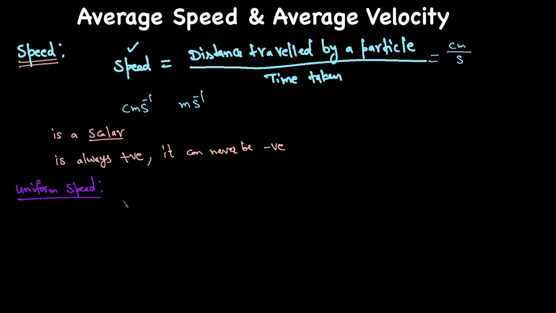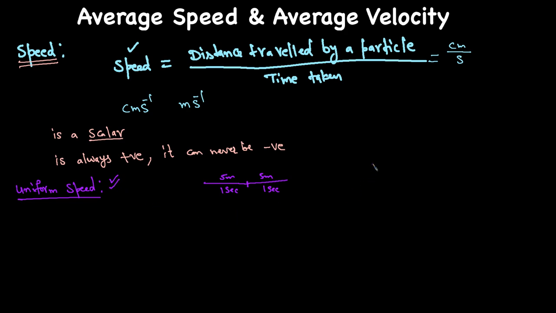Let's say a body is moving 5 meter in every second. So it moved 5 meter and the time taken is 1 second, and then again it moved 5 meter and the time taken is 1 second. So every time it's uniform, it's not changing, same distance over the same amount of time. So then we call it uniform speed.